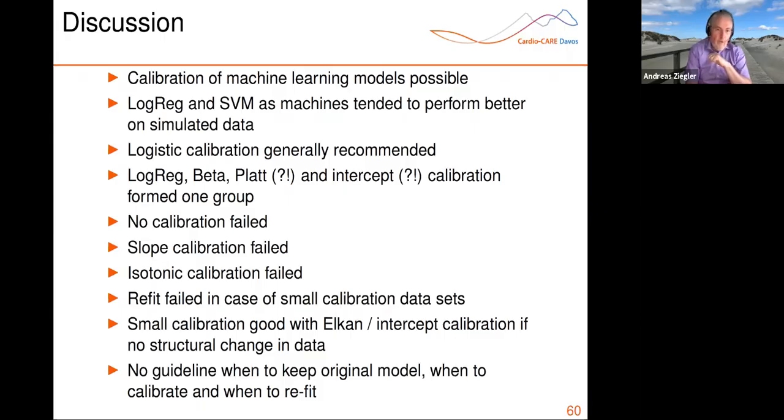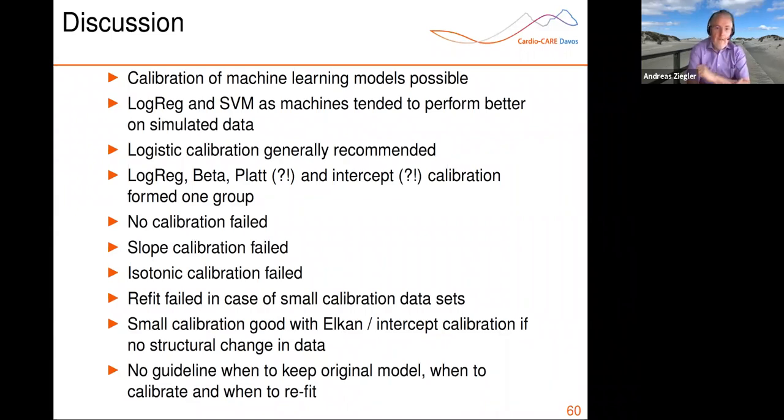It's bad to do no calibration, so you should actually always think about performing calibration. Slope calibration generally failed. Isotonic calibration is a bad idea, and probably this is a quite important message for the machine learning community, which is still using that.